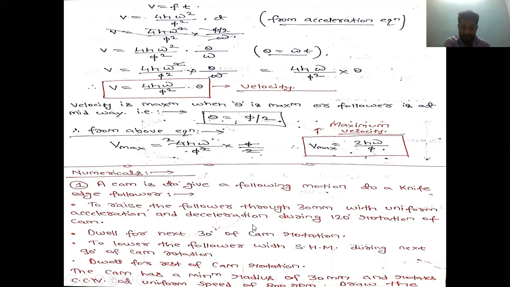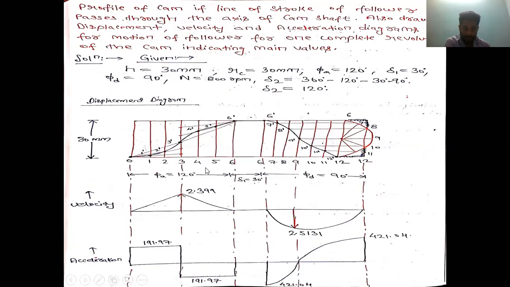That means in the displacement diagram, for the ascent I will use the concept of uniform acceleration and deceleration, and for the descent I will use the simple harmonic motion concept. In the last problem both ascent and descent occurred with simple harmonic motion, so there will be a change in the displacement diagram. Keep it in mind.